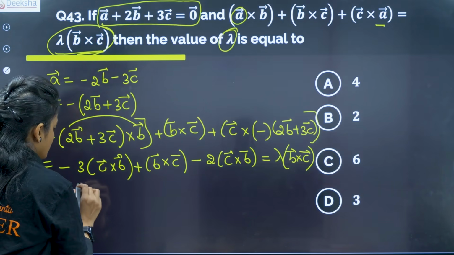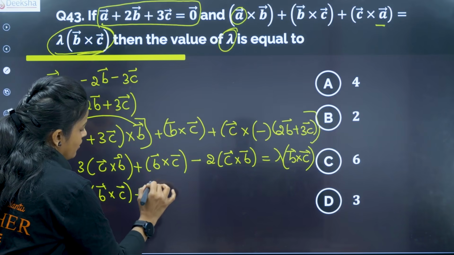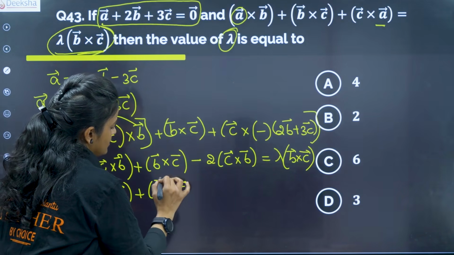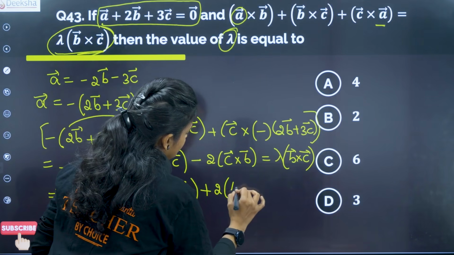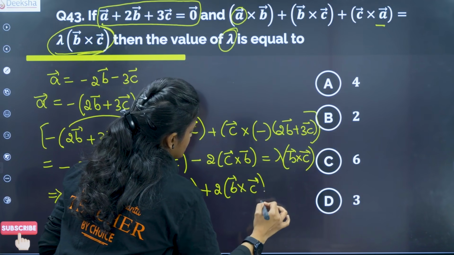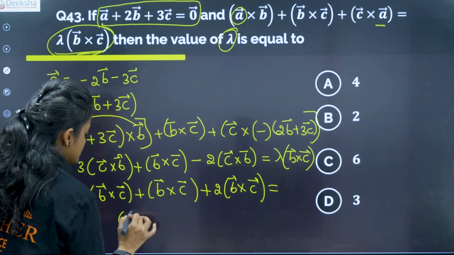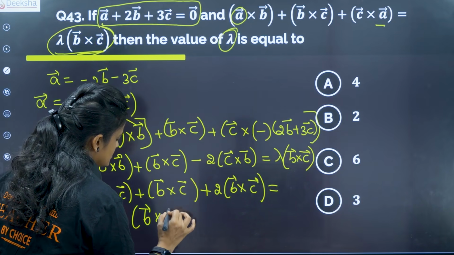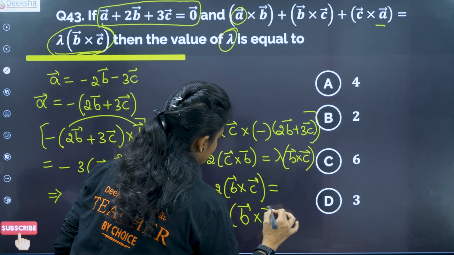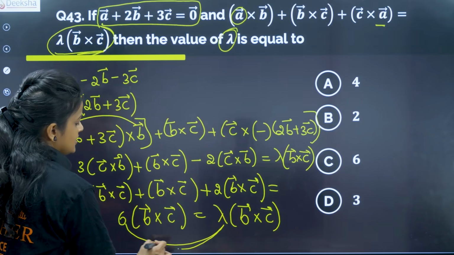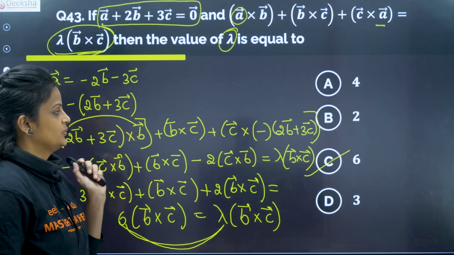So when I interchange, I get positive B cross C, and 1 we already have B cross C vector, and here I will interchange that and take B cross C. How much is it? 3 plus 1 is 4, 4 plus 2 is 6. 6 times B cross C, and that is equal to lambda. So what is lambda? Lambda value is 6, right? Option C, the value is 6.